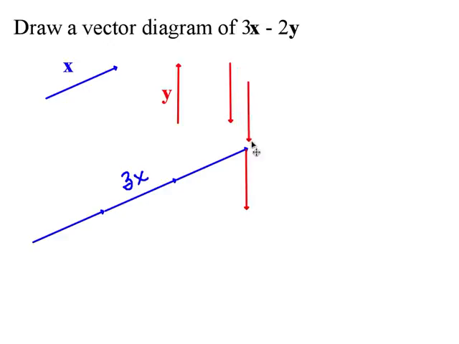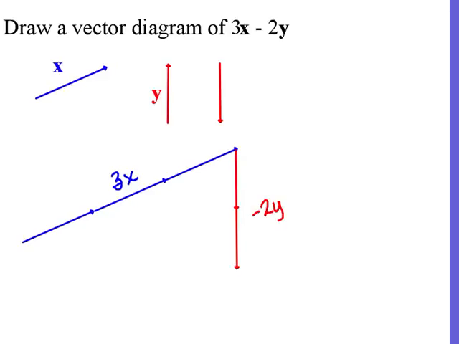What do you mean? How? Based on what you're given in the problem. So there is your negative 2y. Because in the problem they're going to give you that these vectors look like this. So your resultant is going to be right here.